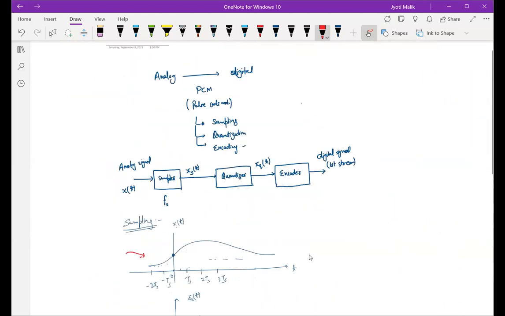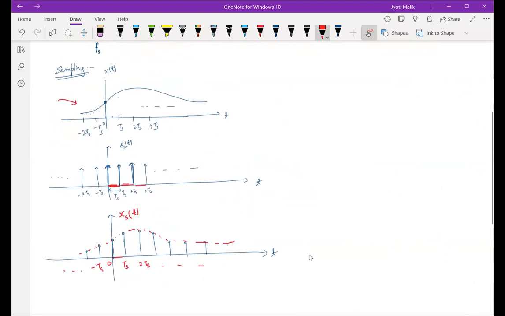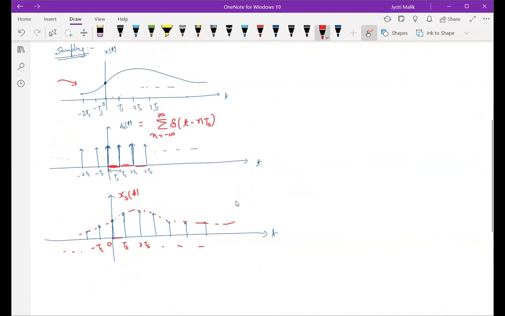Also, we saw how to write this delta s of t in mathematical form. It was the summation of different shifted impulses, where n goes from -infinity to infinity. Then xs of t, we also saw the mathematical expression.